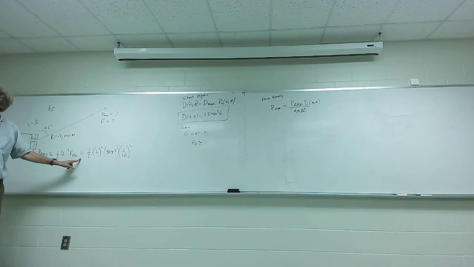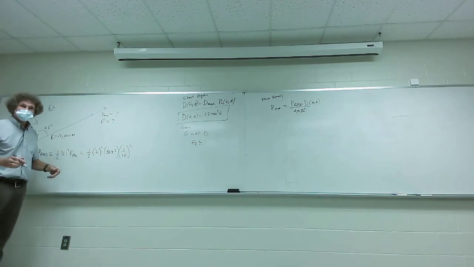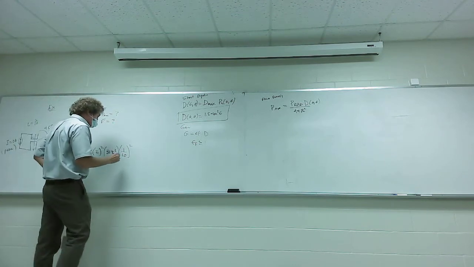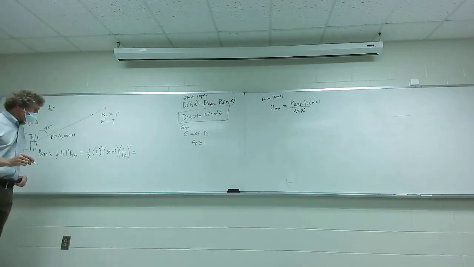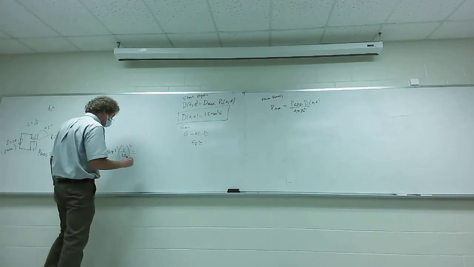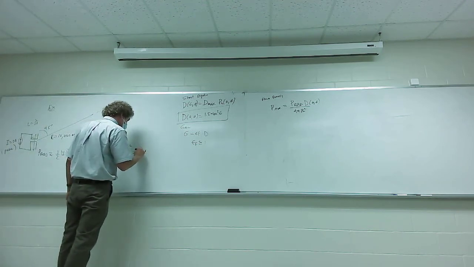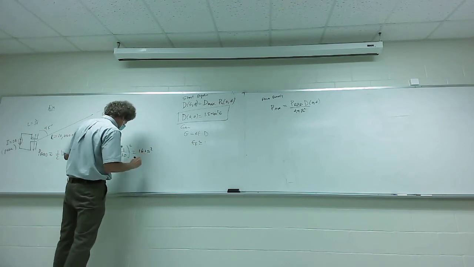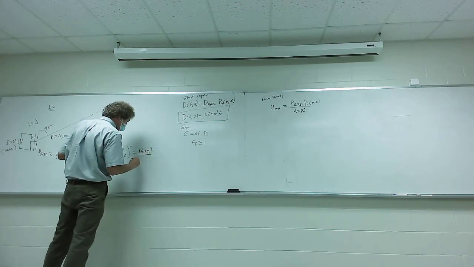Let's get P rad. I'm going to show you something, because this starts making it real when you're getting real numbers, you're getting a real value. So what is this going to be? Well, I got 2 squared over 2, that's 2, right? Times 80, that's 160 pi squared, times 1/10 squared, which is really 1/100.